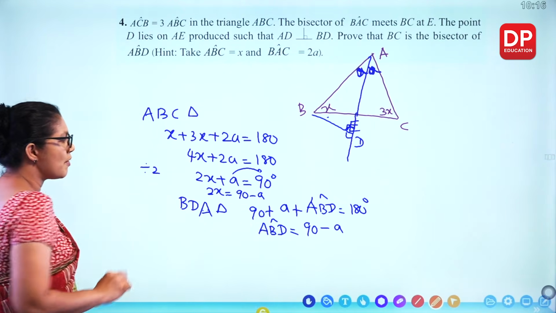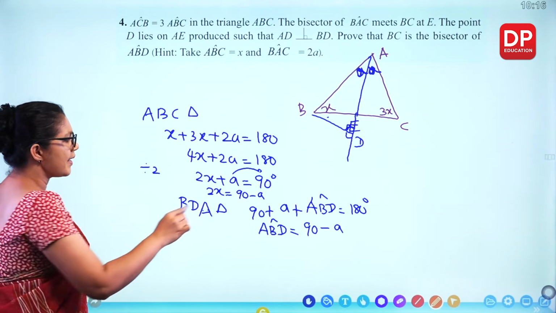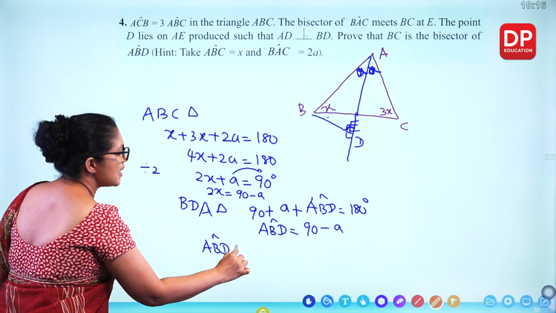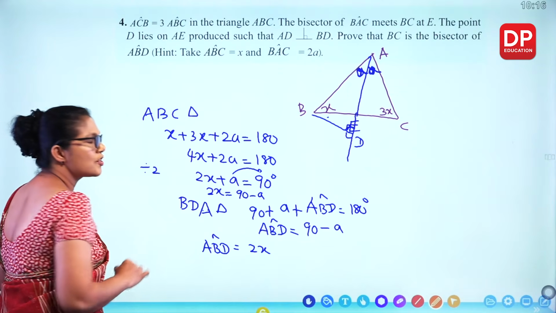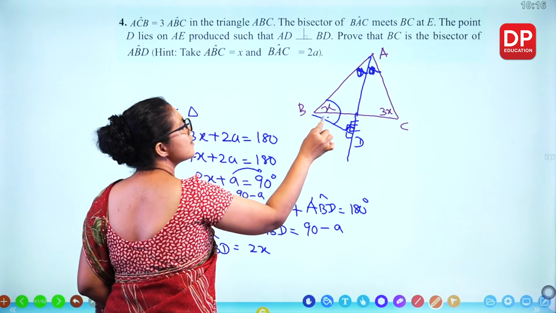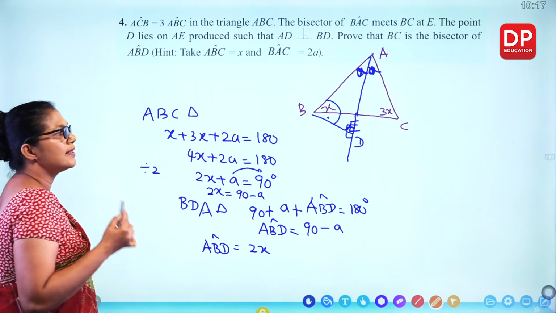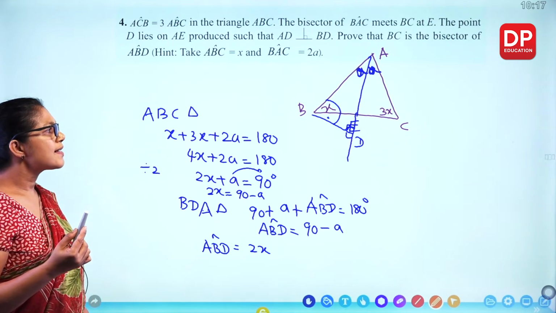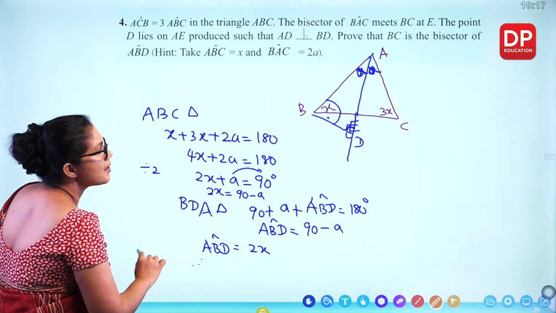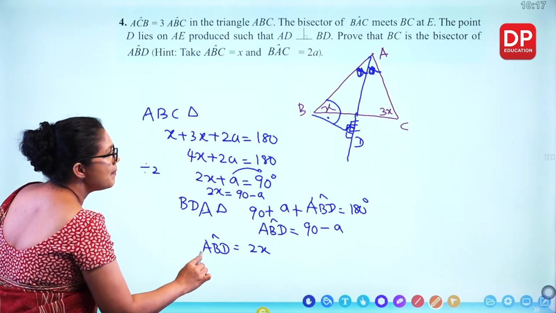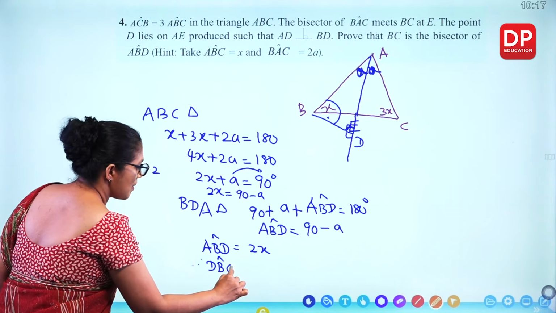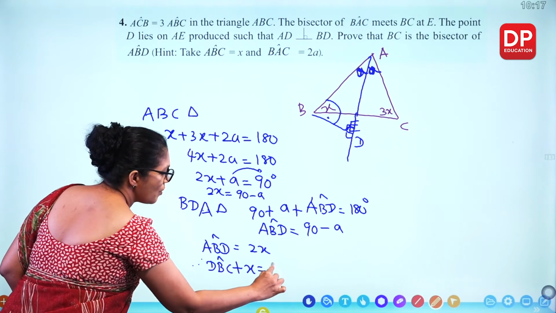Now what can you say about these two? I can write angle ABD is the same as 2X. So this angle I get 2X. So what is this angle? I get 2X minus X, I get X. So therefore I can write angle DBC plus X is 2X.